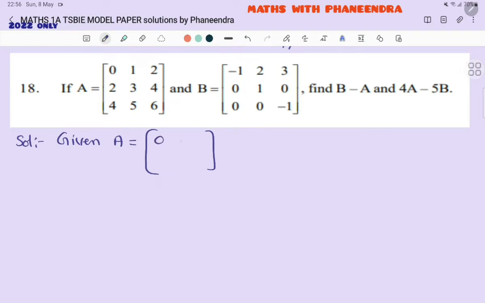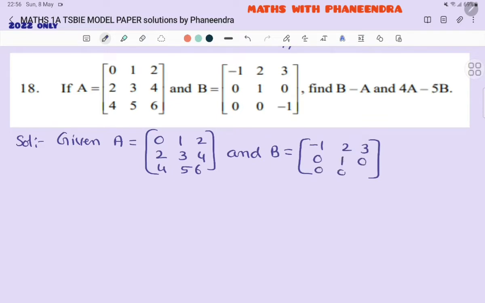A equal to 0, 1, 2, 2, 3, 4 and 4, 5, 6. And capital B equal to minus 1, 2, 3, 0, 1, 0, 0, 0, minus 1.